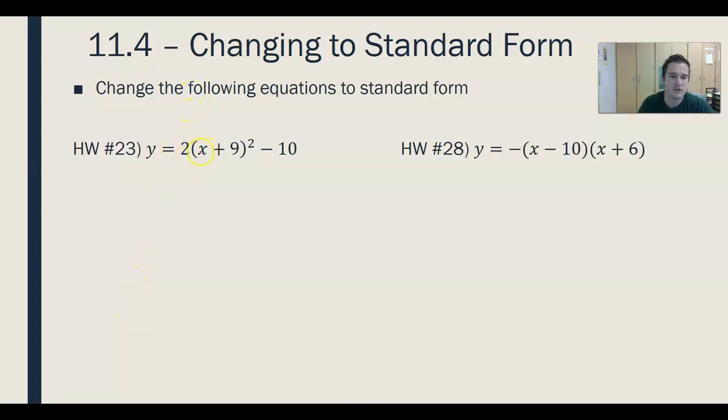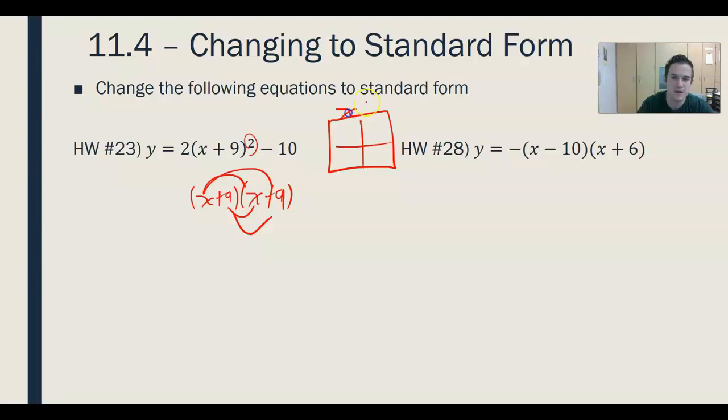So here I have 2 times x plus 9 squared minus 10. Well, my order of operations says that I have to take care of this exponent first. So x plus 9 squared is the same as x plus 9 times x plus 9. I'm going to go ahead and use the rainbow method here. You can either use the rainbow method or you can use the box method in order to multiply these together.